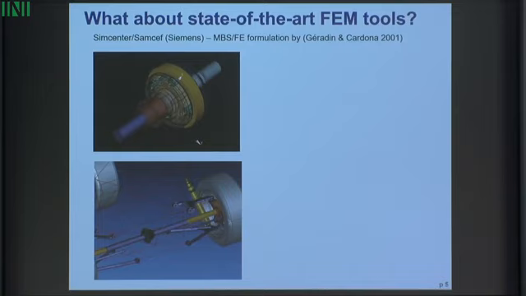If you look at the model here, it represents really all the interaction in the differential between all the bodies. You have contact, you have flexible bodies, you have a lot of dynamic phenomena. With this type of tool, it's possible to account for the influence of this specific component on the driving capacity of the vehicle.